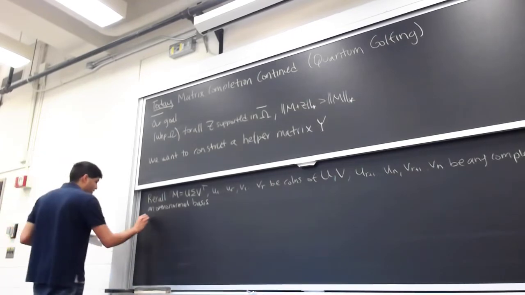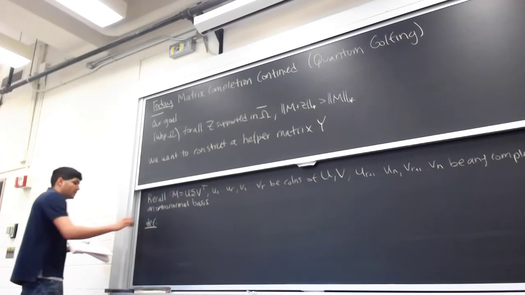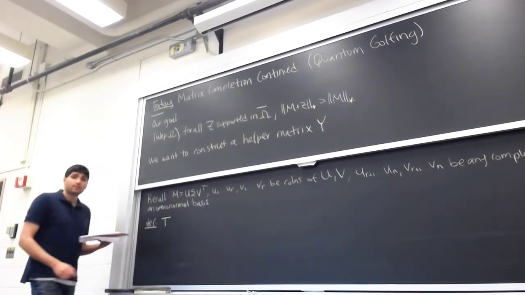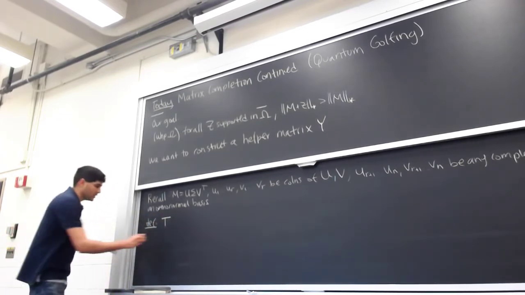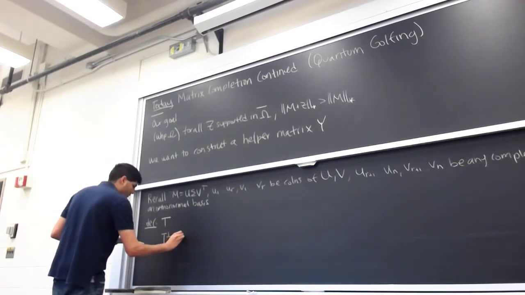Now, the crucial thing that we'll be interested in, this is going to come up again and again, is a particular space T over matrices. Let me actually define T perpendicular first, just because it's slightly easier.